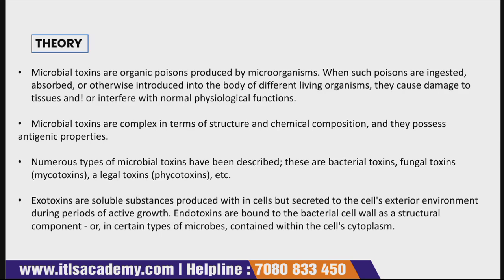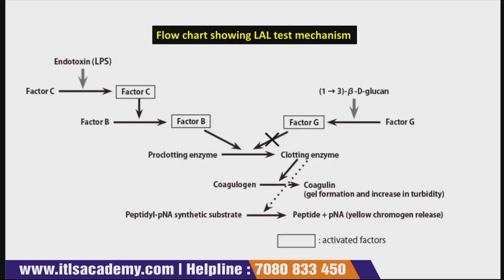Exo means outside, so they are secreted to the exterior environment. Whereas endotoxins are bound to the bacterial cell wall as a structural component, or in certain types of microbes, contained within the cell cytoplasm.